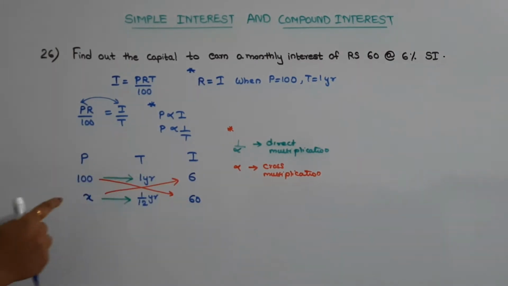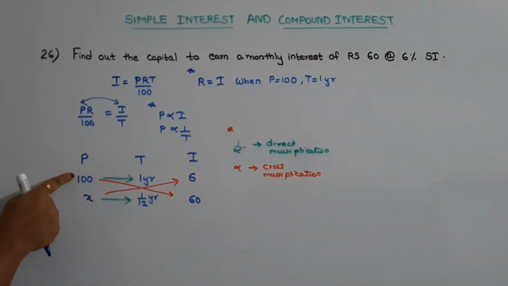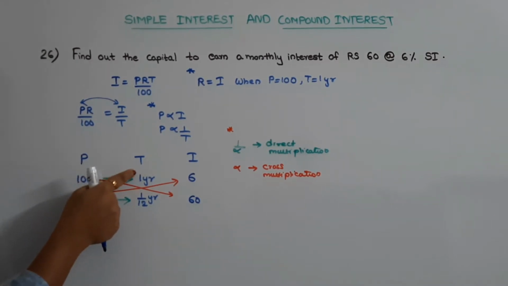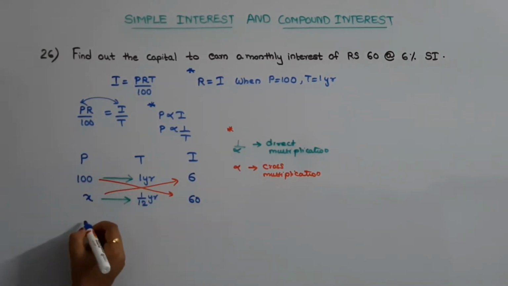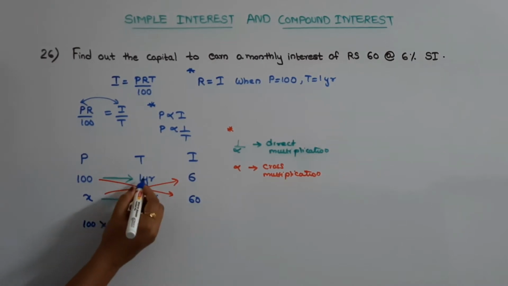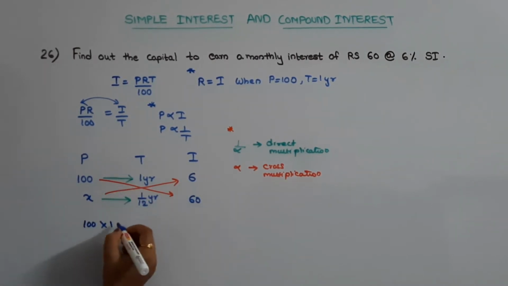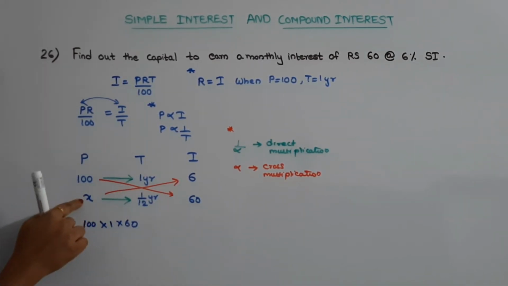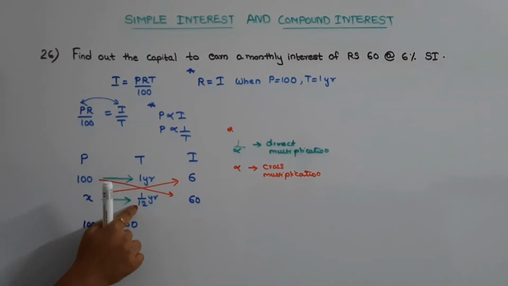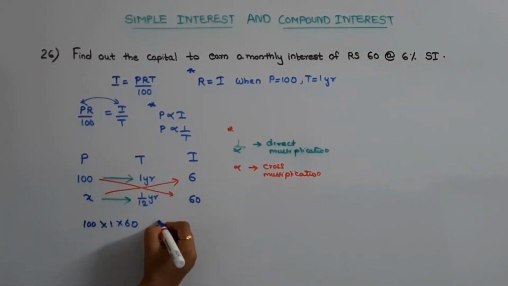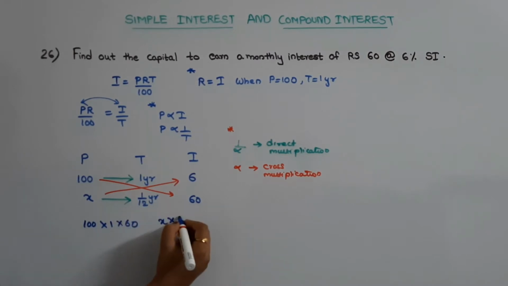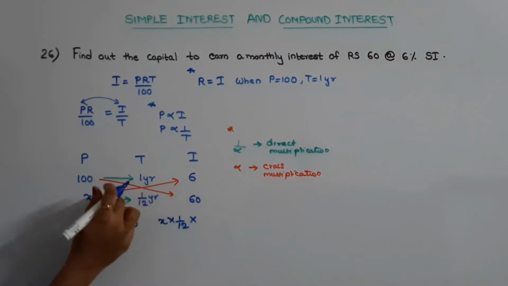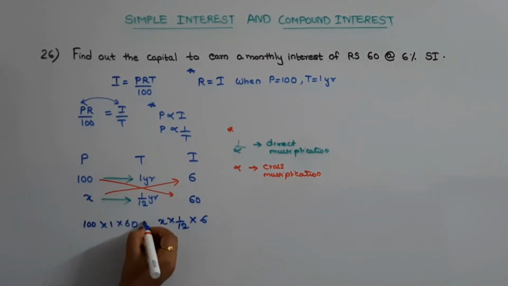Now how can we solve for this x? I will be multiplying this 100 to this 1 and then to this 60. 100 into 1 into 60. Then I will multiply this x to this 1 by 12 and then to this 6. x into 1 by 12 into 6, and I will equate them.